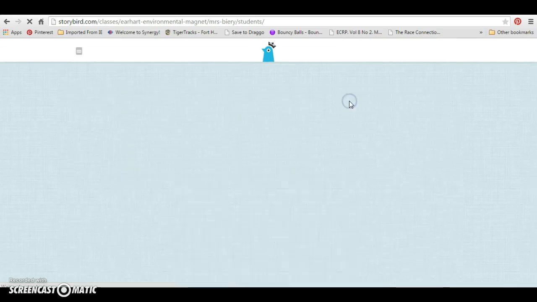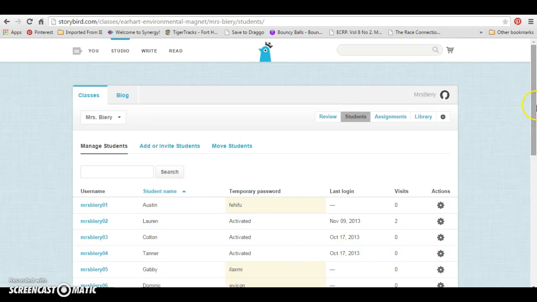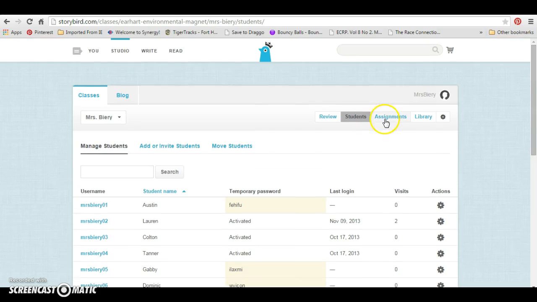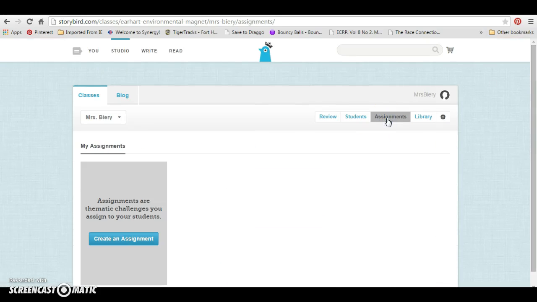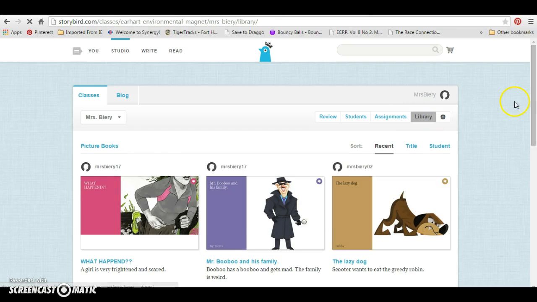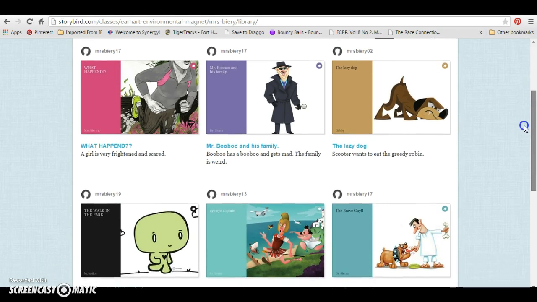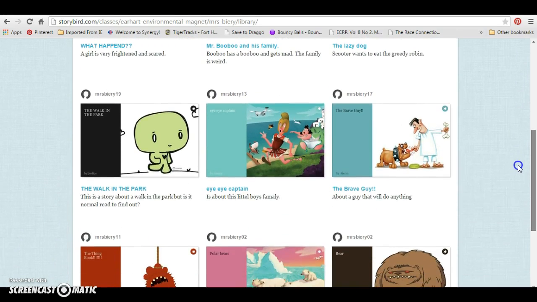I can see my students, their names, and when they're using it. I can make assignments. I haven't, but I can do that. And then there's a library of all the stories that my students have written so that we can share them all together.